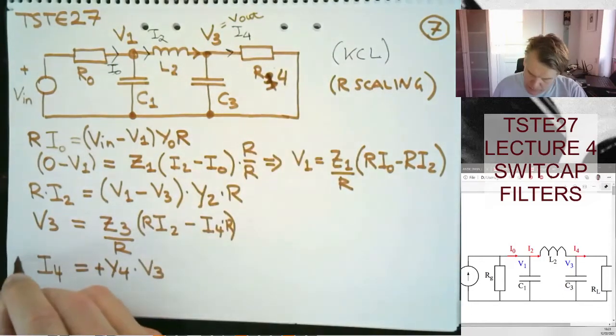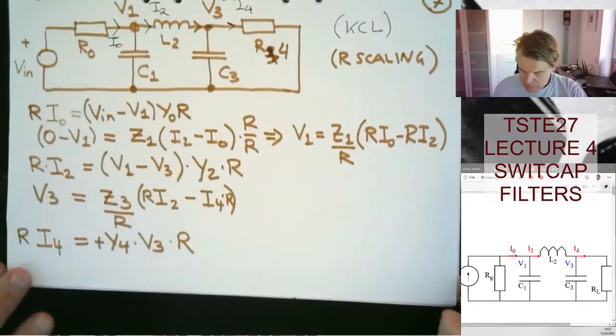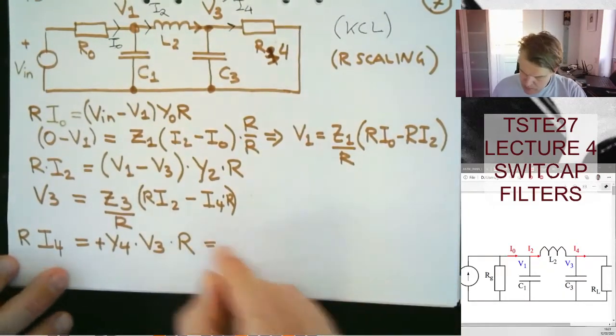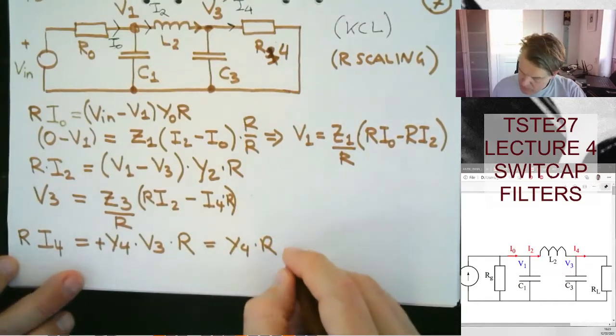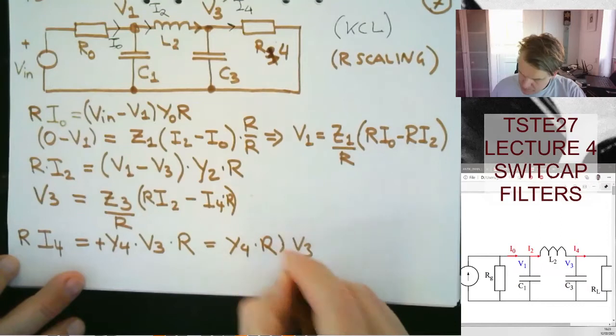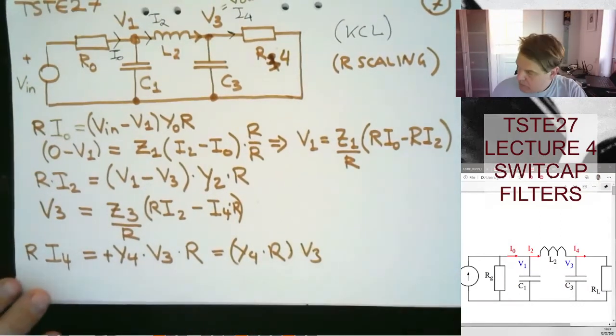And then I need to extend with an R to get voltages everywhere. I4 times R times V3. Okay, so that's the idea.